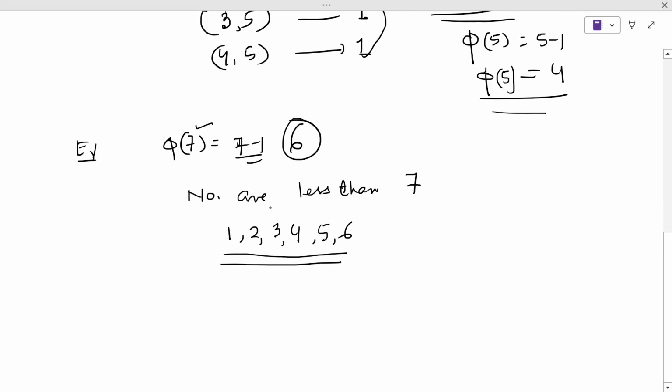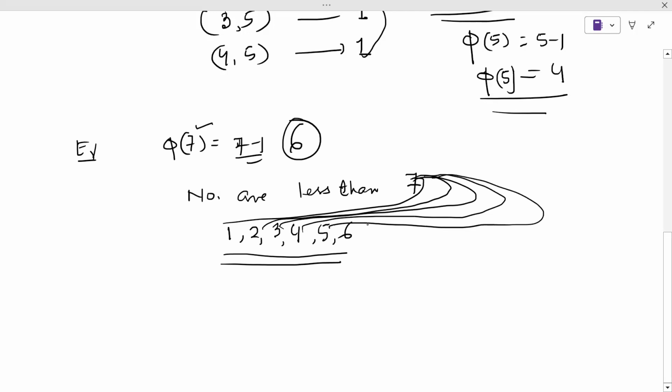We evaluate the GCD of 1 and 7, 2 and 7, 3 and 7, 4 and 7, 5 and 7, 6 and 7.